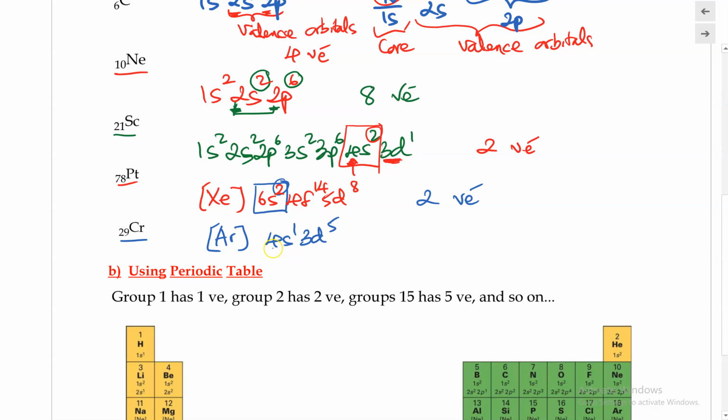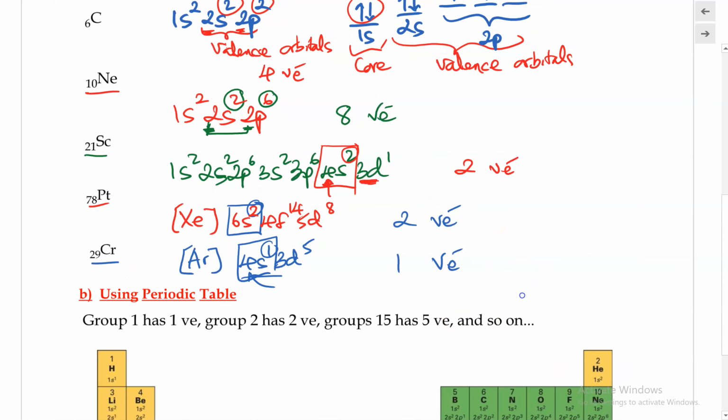It's actually not 4s2, 3d4, but it's 4s1 and 3d5, because one of the electrons from the 4s has jumped into the 3d, and therefore this is its actual electron configuration. Now when we determine the valence orbital or the valence principal shell, in this case, it will be the 4th principal shell. And there is 1 electron in it, so therefore it has 1 valence electron.